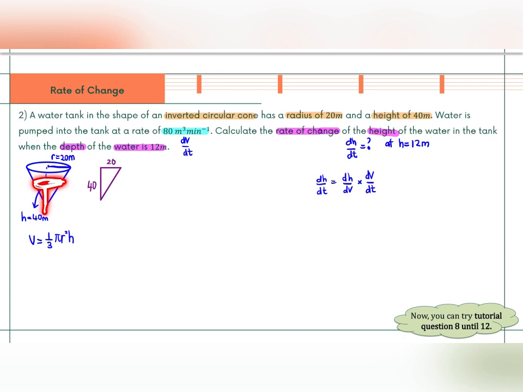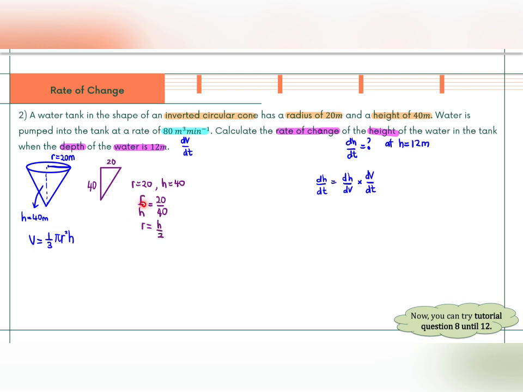So, kita akan buat ratio. So, when R equals to 20 and H equals to 40, bila kita buat R over H, it will be 20 over 40. So, therefore, R will be equals to H over 2.